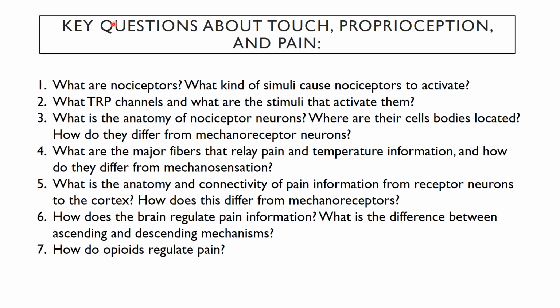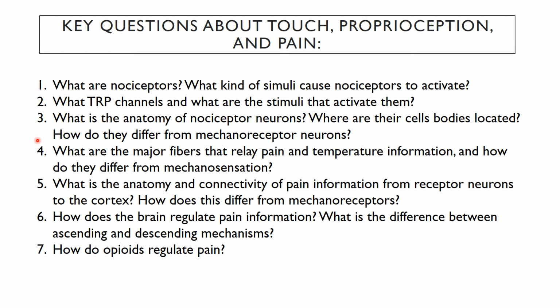Here are the key questions. I'm not going to read them out to you here, but we covered nociceptors and the TRP channels. We went through the specific anatomy of the nociceptor neurons, those primary nociceptor neurons, and I want you to know how are they similar or different from mechanoreceptor neurons.